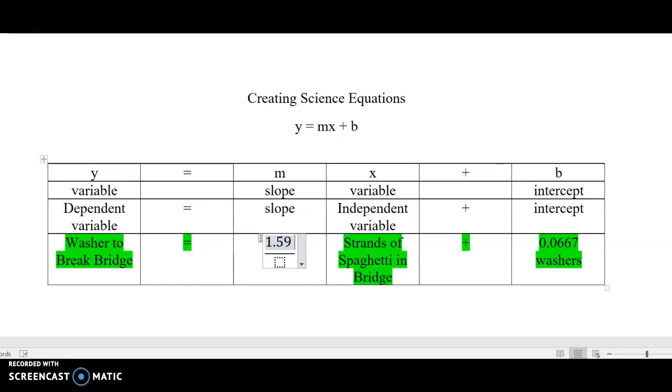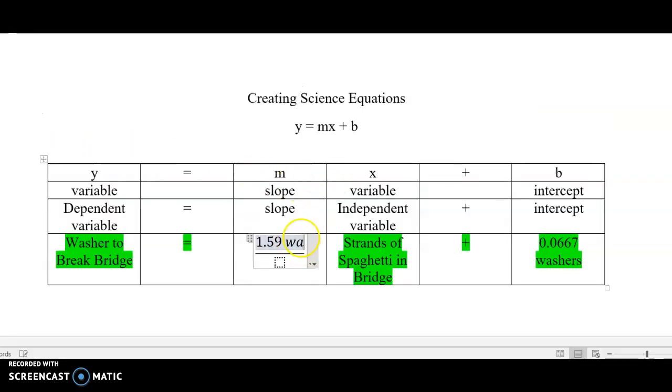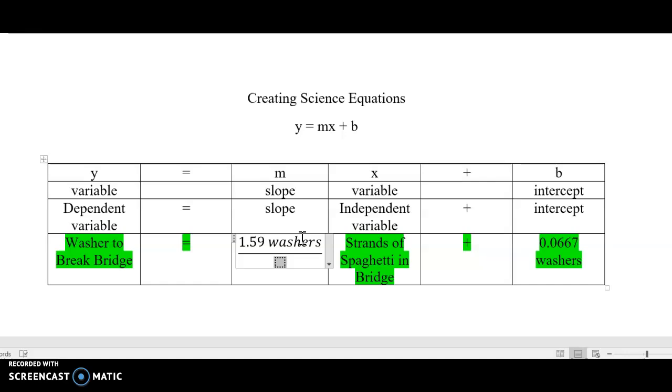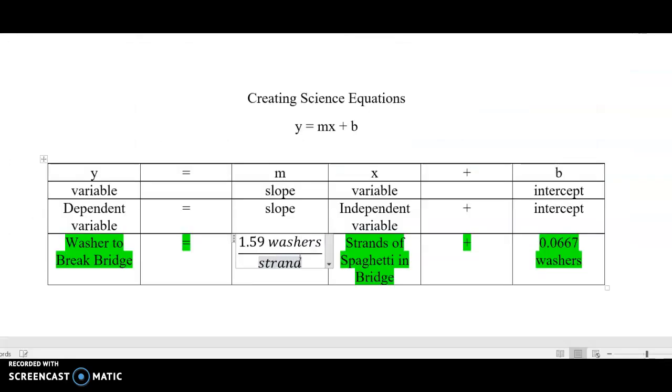If we look at the rise over run calculation, the vertical axis is the rise, so the unit of the vertical axis would be in the numerator, washers, and the run is the horizontal axis, so that would be strands of spaghetti. The question that I come across most often when discussing science equations is what number would go in the denominator to match up with that strand.